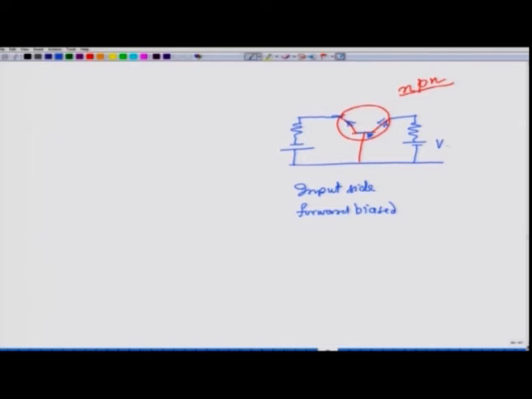This is VCC because it is connected to the collector, and this is connected to the emitter. So, this will be called VEE, right.